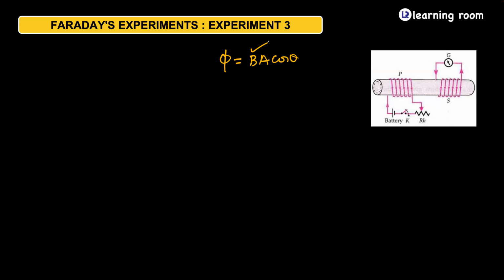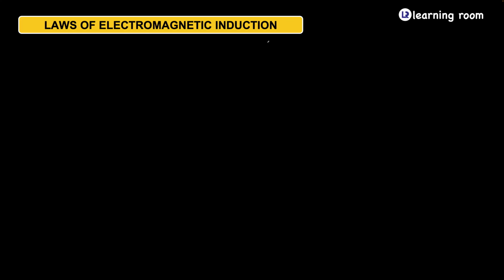So in all 3 experiments, we could understand one thing. If there is a change in magnetic flux with respect to time, you can induce EMF in it, right? And that's what is given under Faraday's law of electromagnetic induction, which states that EMF is induced across the coil when there is a change in magnetic flux with respect to time.